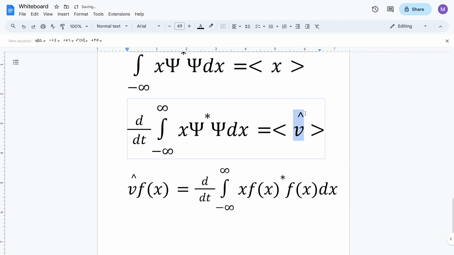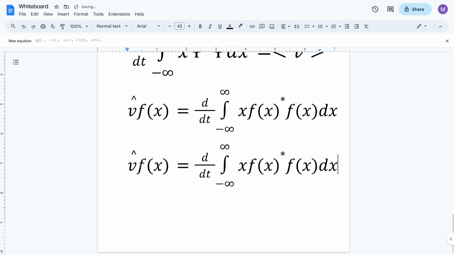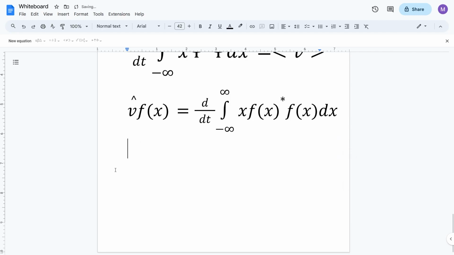That's what operators do. When you have a symbol with a hat, that means you put a function next to it, and then you get something like this. This is a pretty good way to describe it: operators are just functions for functions. We know how functions basically take in a value and return a value, so for example, f of x, right?